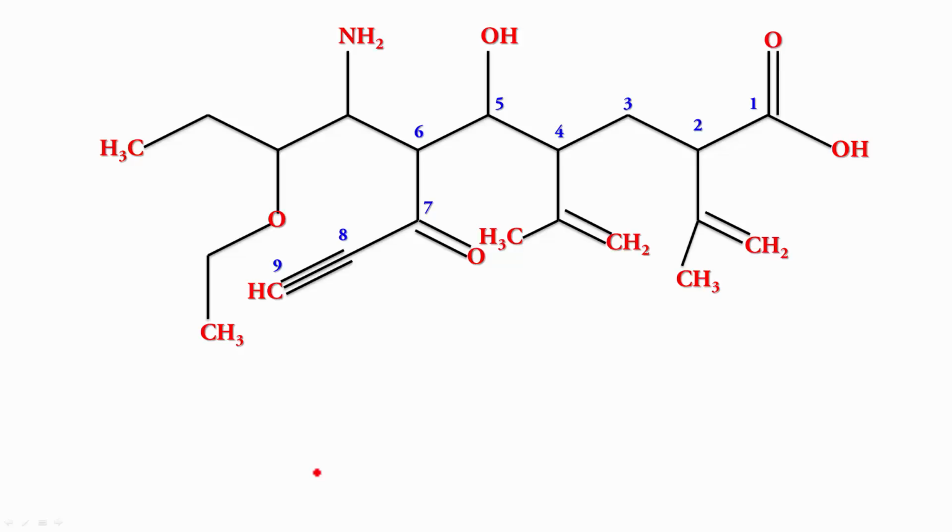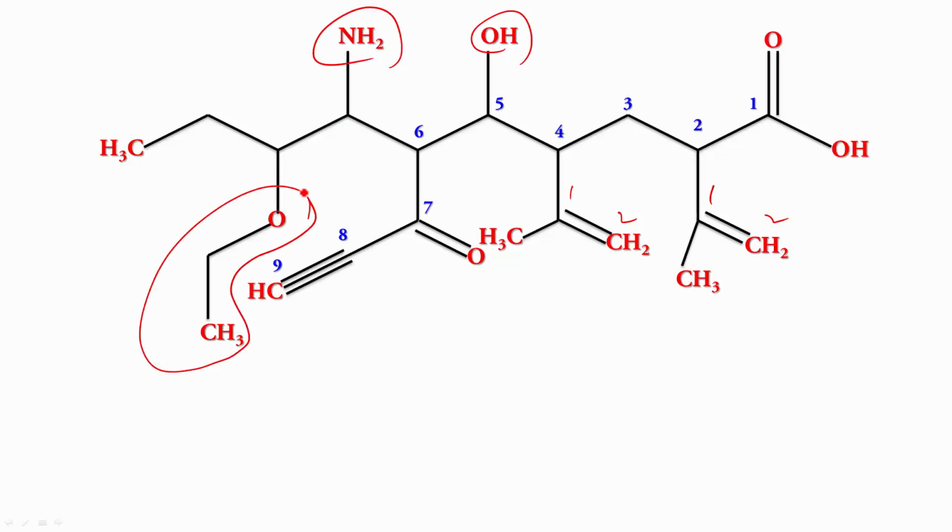So now it's a game of prefixes. And this is going to be 1-methylethynyl. Oh, I got one more 1-methylethynyl. So it's going to be bis. Hydroxy, amino, ethoxy, ethyl, 7-oxo.